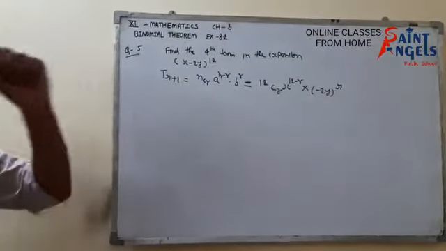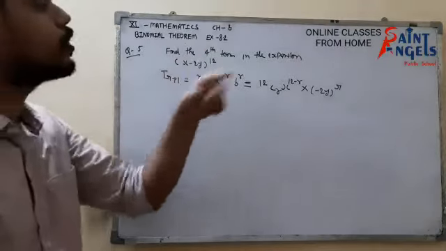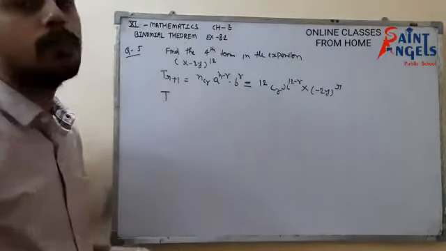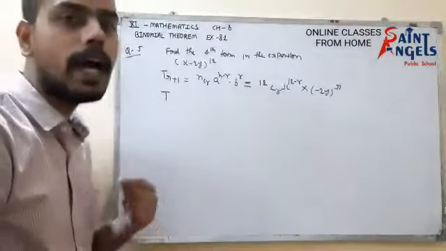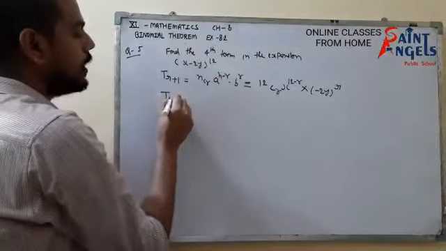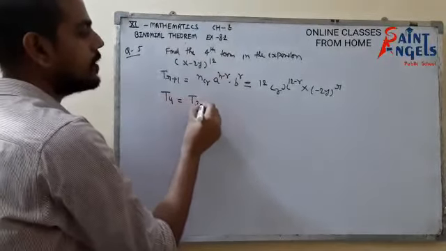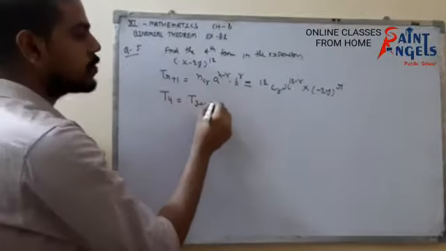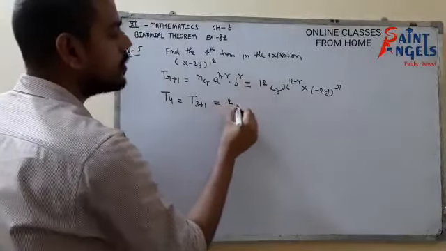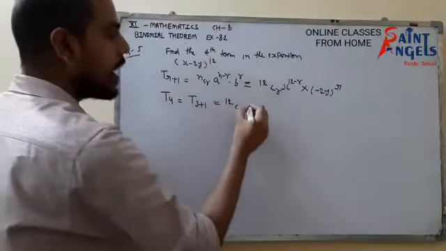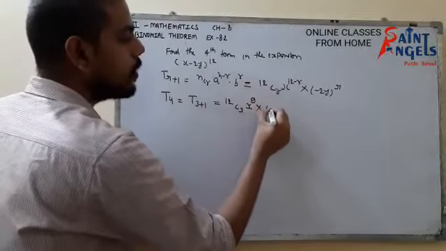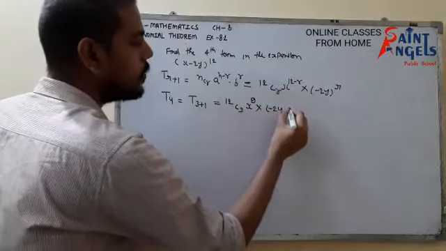Isn't it? Now we have to find the fourth term. As I have told you earlier, when we have to find any term, we have to write it in the form of r plus 1. So T4, can I write it like T(3+1)? So here 3 is the value of r. Now put it over here. That would be 12C3 x to the power 12 minus 3, means 9, into (minus 2y) to the power 3.